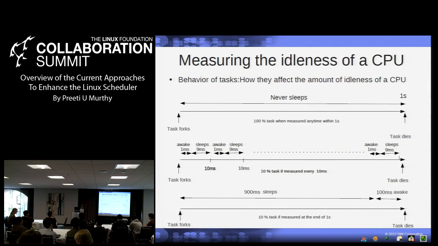And it's very important that you know when to measure it. For example, in the third one, if you were to measure sometime within 900 milliseconds, you would not know its behavior. For a scheduler, it's important for it to note what kind of a task it is, whether it's long running or short running, which I will explain later.